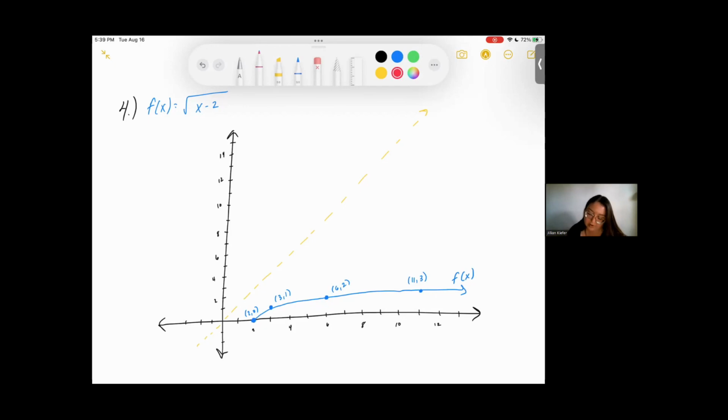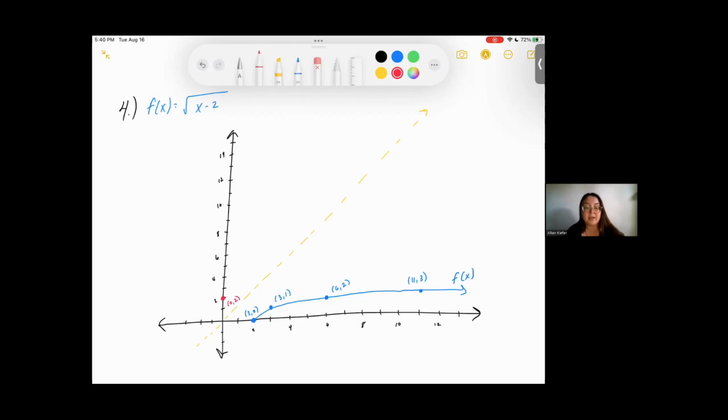Now, we're going to do f inverse of x. So remember, we're going to take the same ordered pairs and just flip the x and y values. So for that first point, (2, 0), the point for f inverse of x will be (0, 2). So we're going to plot that point and label it. So you have (0, 2).